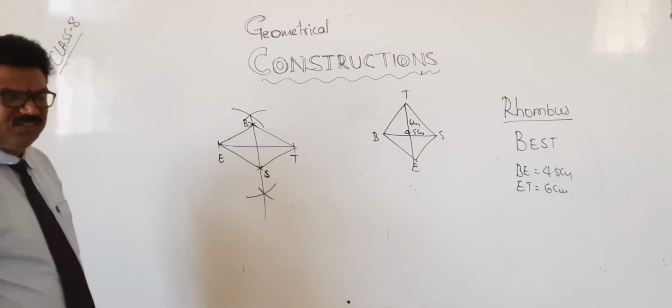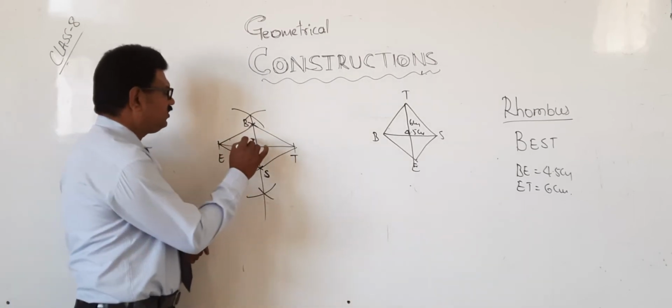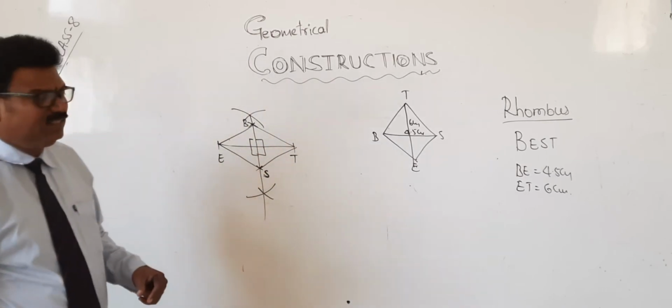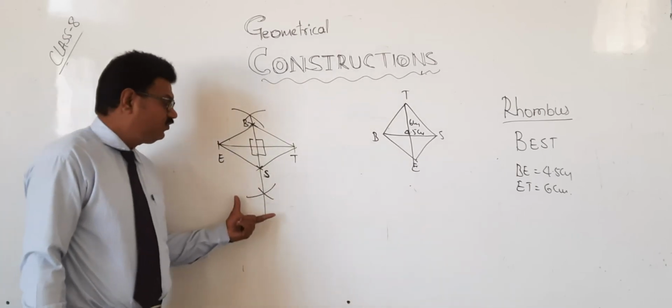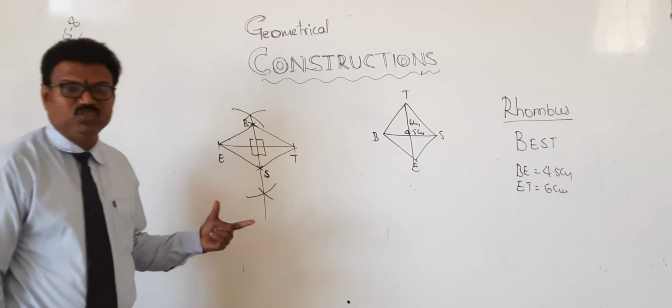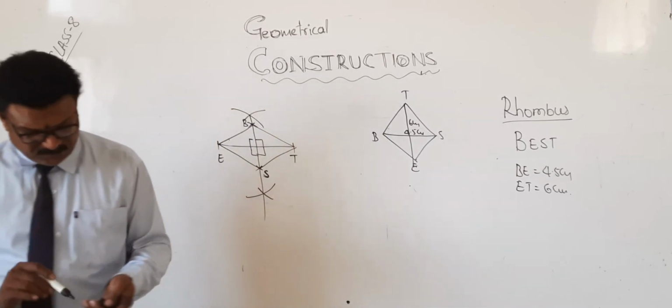Which figure is this? Rhombus. See? Here also 90 degrees, 90 degrees, 90 degrees, 90 degrees. Because we know the properties of a rhombus, it is very easy to construct. Otherwise, it is not possible. Did you understand? Yes, take it down fast.